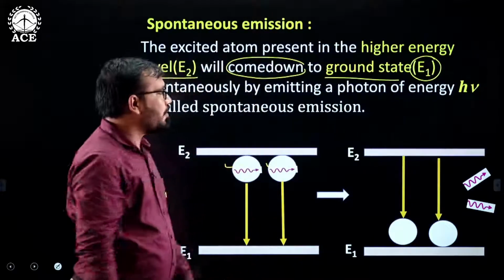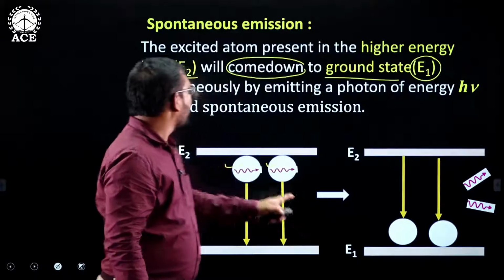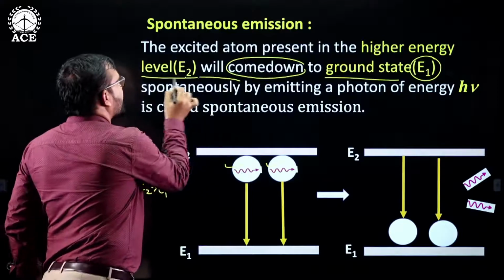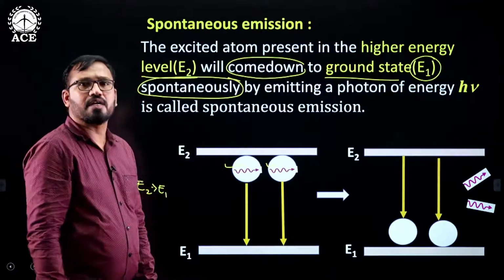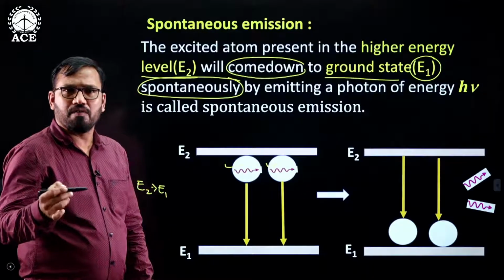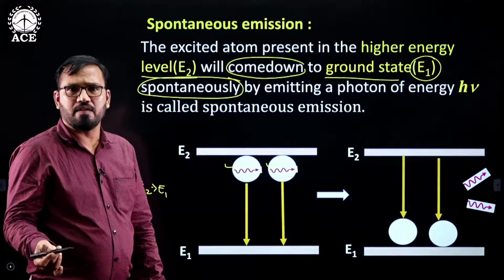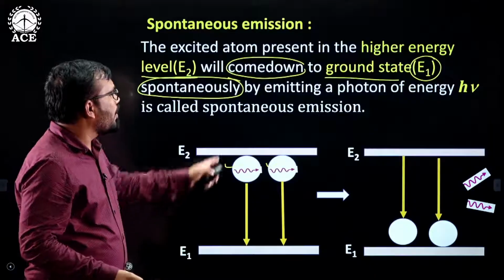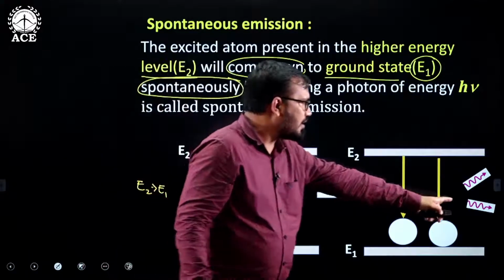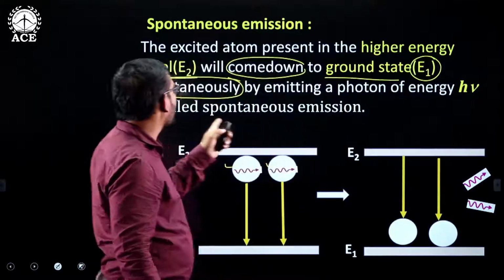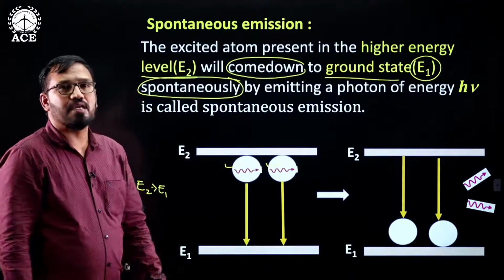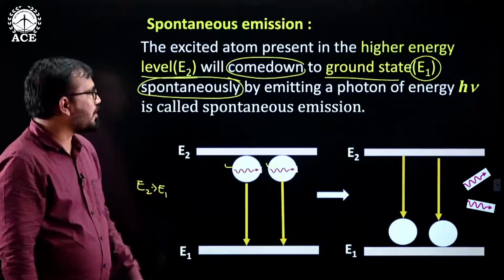So the atom comes from E2 to E1 spontaneously, by themselves. Atoms come down from the higher energy level to the lower energy level by themselves, spontaneously. These atoms emit a photon, which is called spontaneous emission.